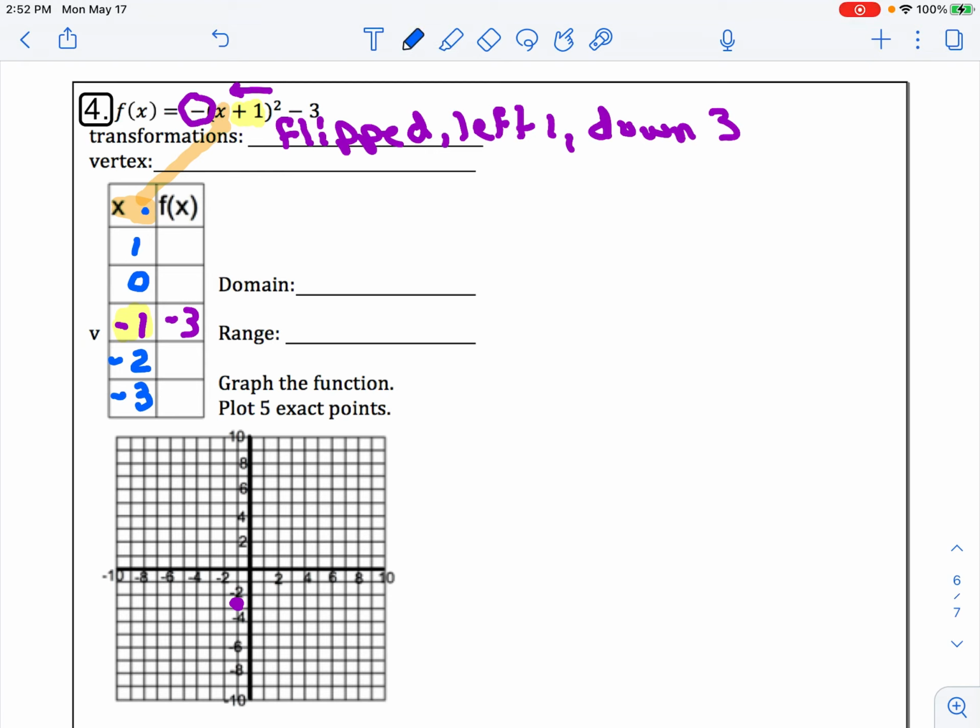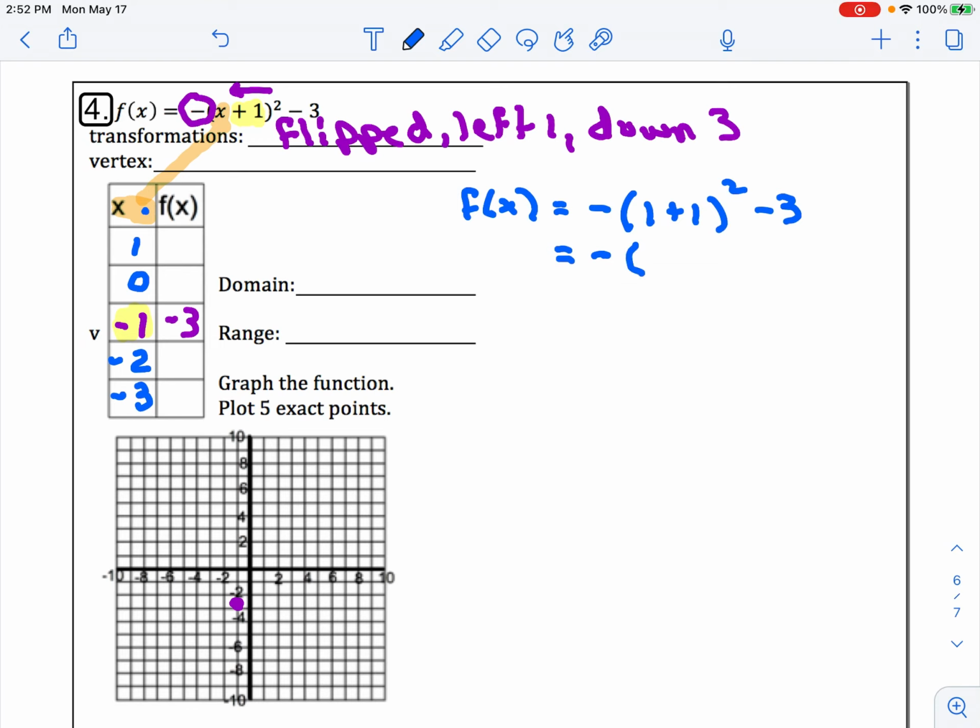So I'm going to write that out, that it's going to look like f of x. You could put f of 1 in there. That's what we did earlier in the year. But we have minus, and then we have our x value that we're putting in as 1, and then we have plus 1 squared, and then we have minus 3. Now, if you type that all into your calculator exactly like you see it, that's all you need to do.